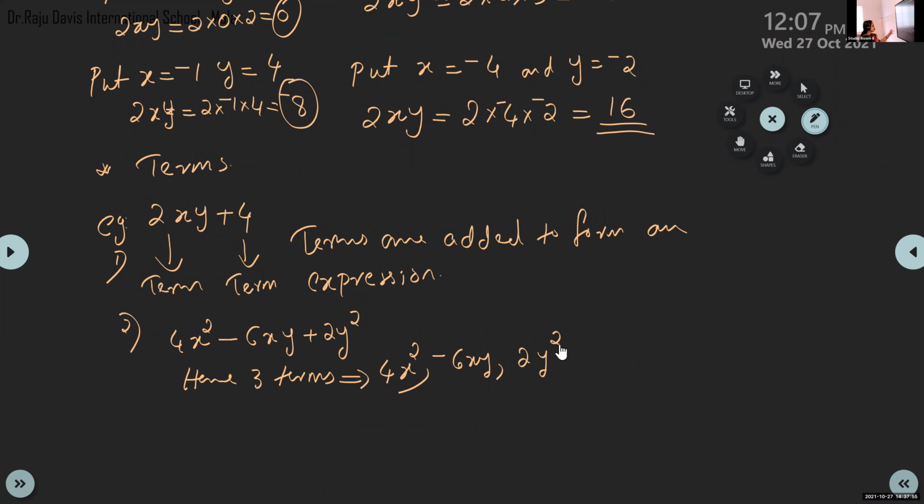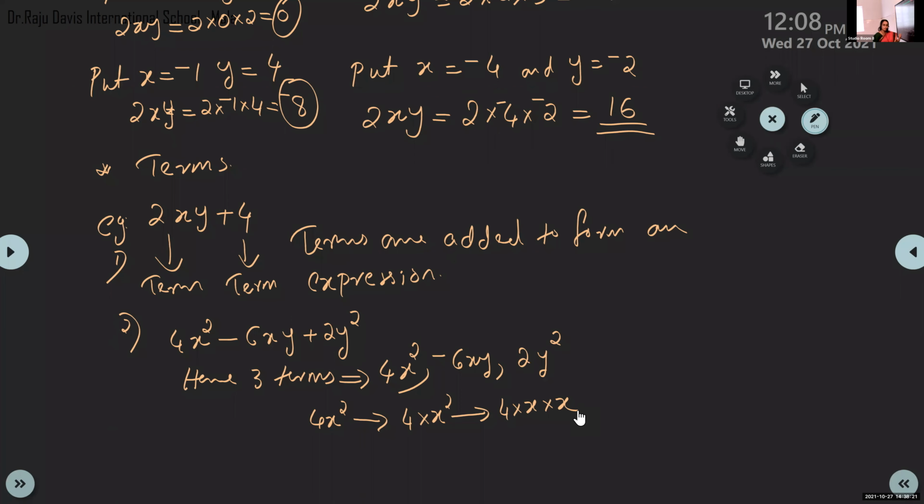See, each term has some factors. One term is 4x square. It can be written as 4 into x square, or 4 into x into x. So 4x square is a product of factors.